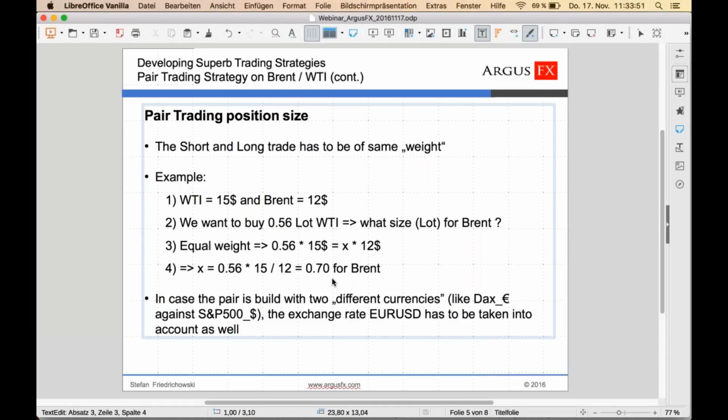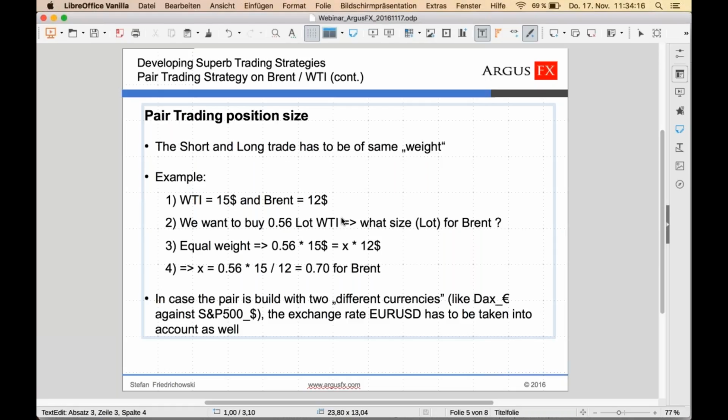So the equivalent lot size for the Brent trade is 0.7, because now for those two initial prices, WTI 15, Brent 12, both trades have the same weight, and that is a must for pair trading.